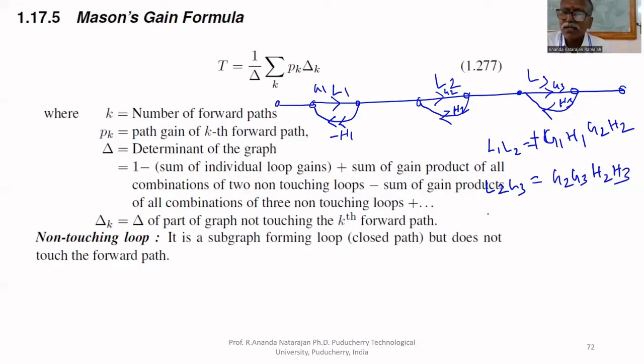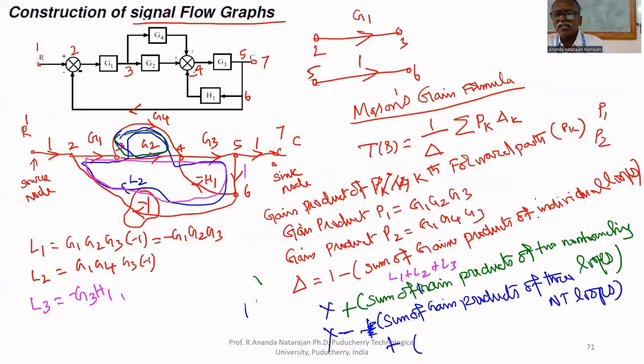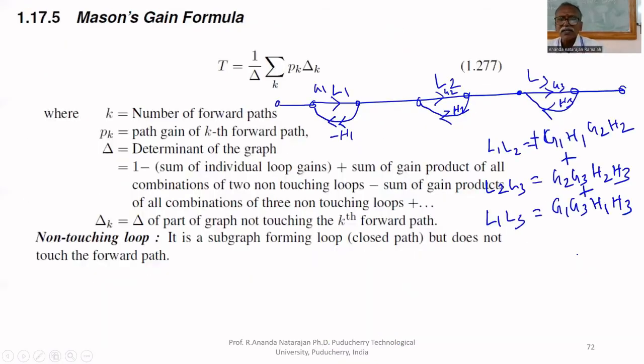Then what will you get? L1 and L3 are also not touching, therefore G1 G3 H1 H3. The sum of these components has to be substituted in the place of the green term. In this case, if there are non-touching loops, we have to consider them.